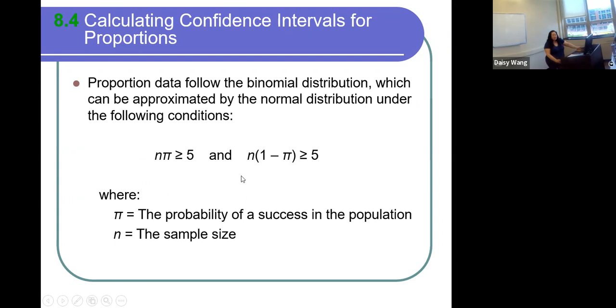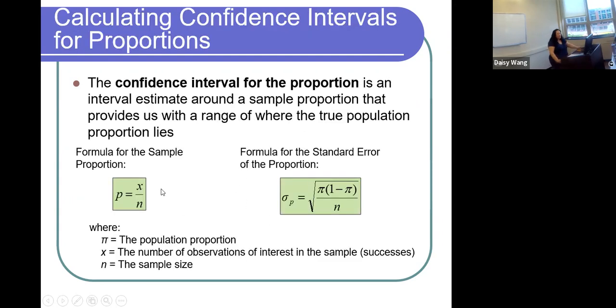Then these will follow the normal distribution. The P is just X divided by N, and the standard deviation of P is the square root of P times Q divided by N. It's all similar to what we had before.